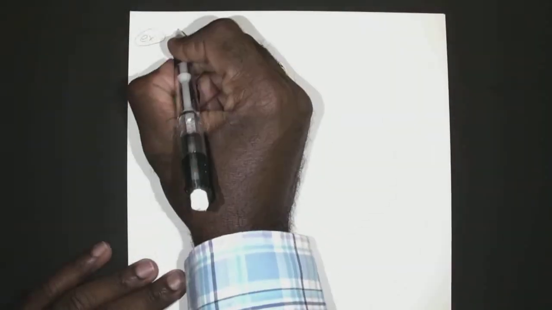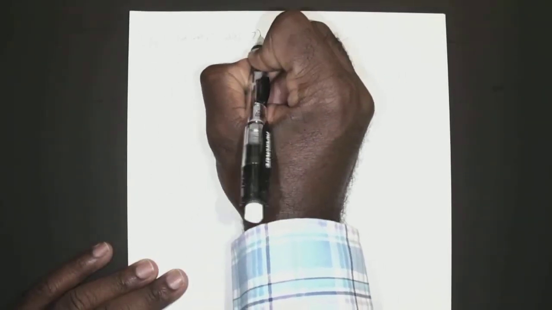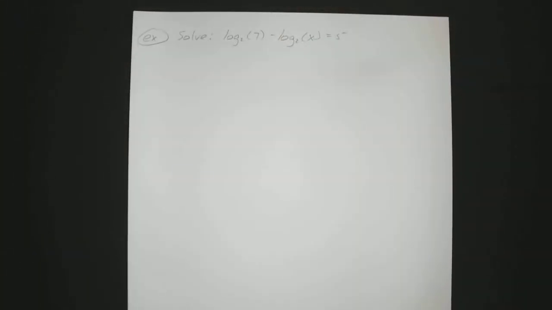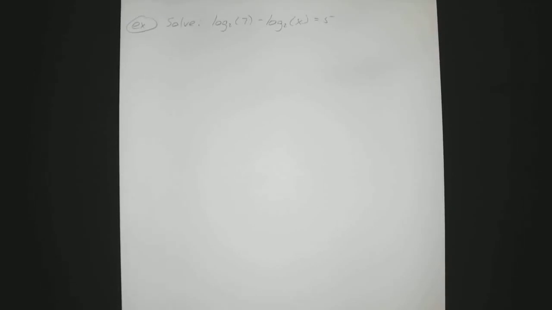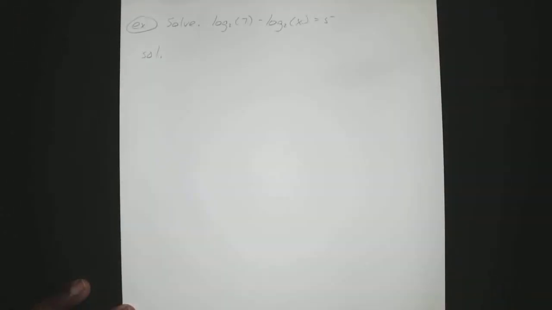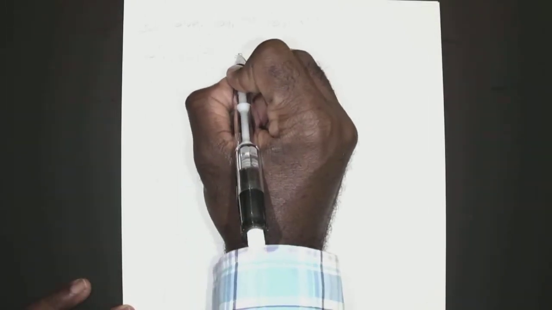Okay, so let's say we wanted to solve log base 2 of 7 minus log base 2 of x equals 5. Go ahead and write it down.